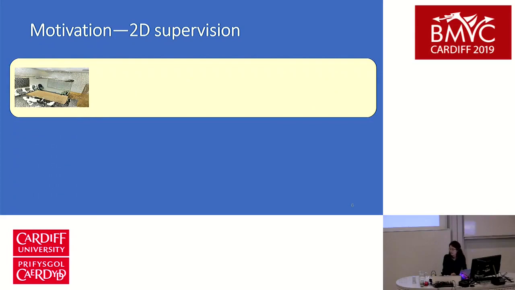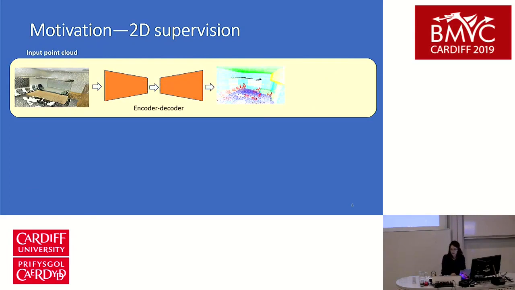Here is the example of the 3D point cloud data. Via the encoder and decoder, we get the prediction result. Suppose we have the 3D ground truth, then we calculate the loss between the ground truth and the prediction result. But if we do not have the 3D ground truth, how do we do the 3D point cloud segmentation task?